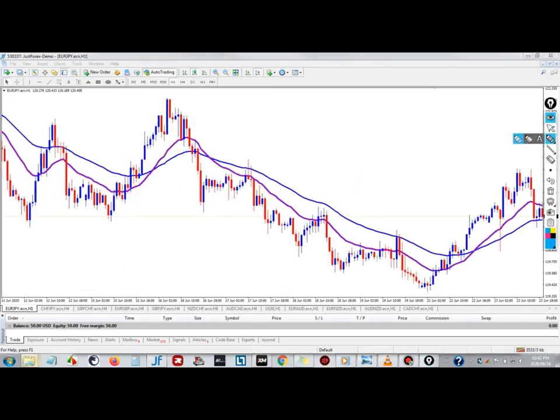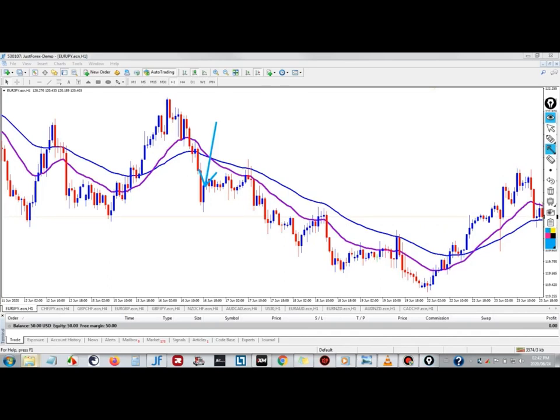In this case, actually not there exactly. There. This is a candle after the close of which you could have looked to sell. Underline, guys, I'm saying look to sell.